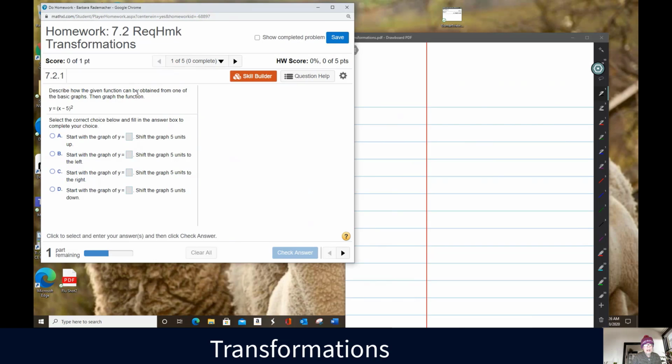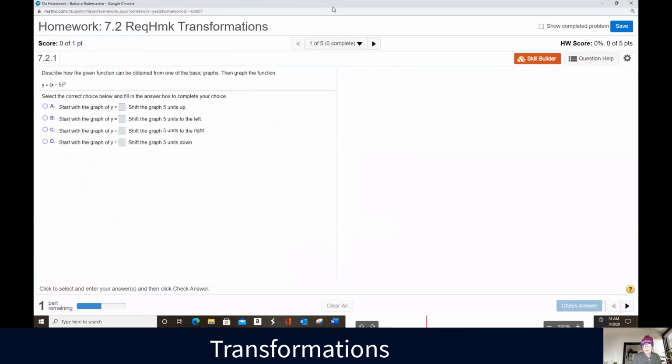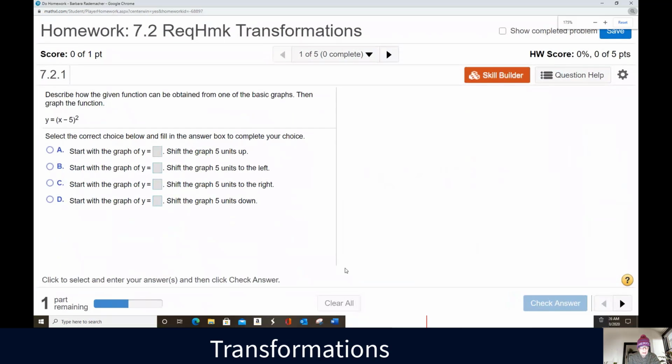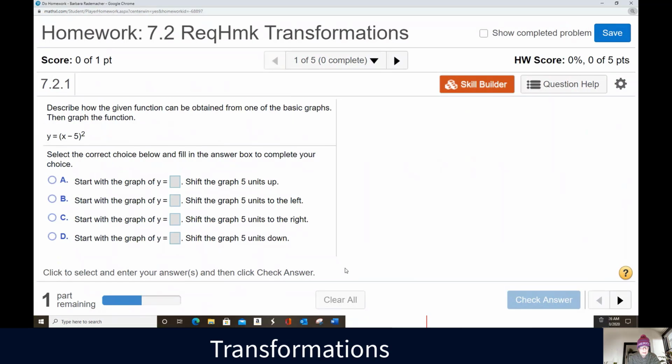And it says, describe how the given function can be obtained from the basic graphs, then graph the function. So I'm actually going to go to the whole thing here, and then make this bigger so that you can see. We'll leave it like that for a while.